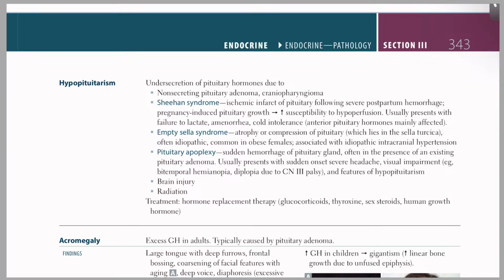Empty sella syndrome, atrophy or compression of pituitary which lies in the sella turcica, often idiopathic, common in obese females, associated with idiopathic intracranial hypertension. Pituitary apoplexy, sudden hemorrhage of pituitary gland, often in presence of existing pituitary adenoma.